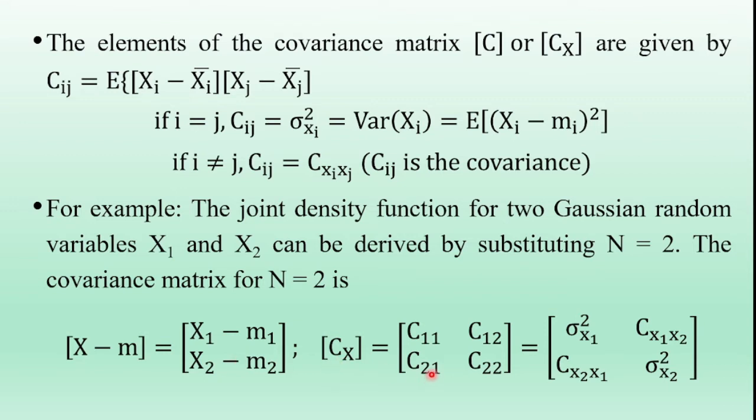For i equal to j, Cij is equal to sigma x1 square, so c11 is sigma x1 square and c22 is sigma x2 square. For i not equal to j, Cij is equal to C of xi xj. So c12 is Cx1x2 and c21 is Cx2x1 for n equal to 2.